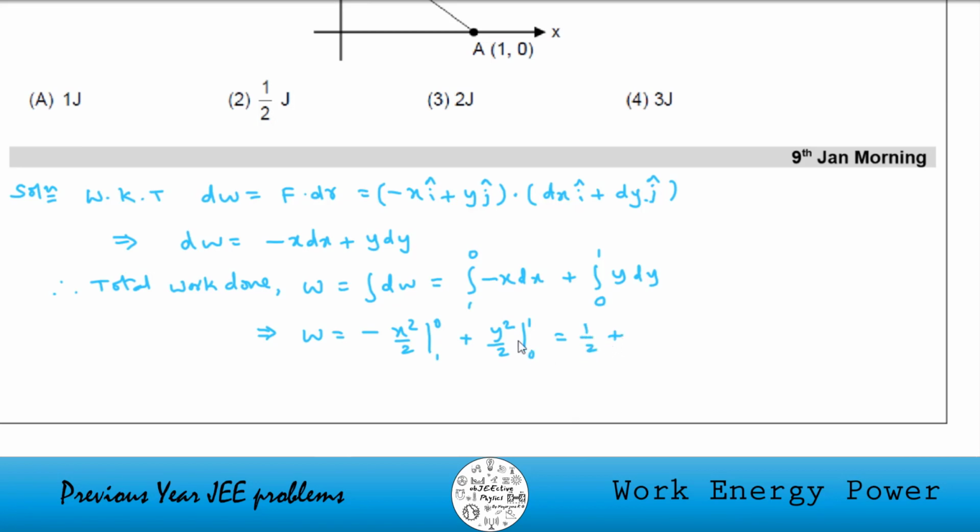Plus in the second term, in the place of y if we put 1 square, that is 1 by 2 minus 0, so 1 by 2. So that is 1 joule, the answer. 1 joule, that is option A is the right option.